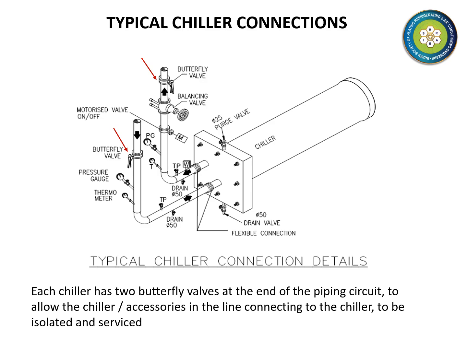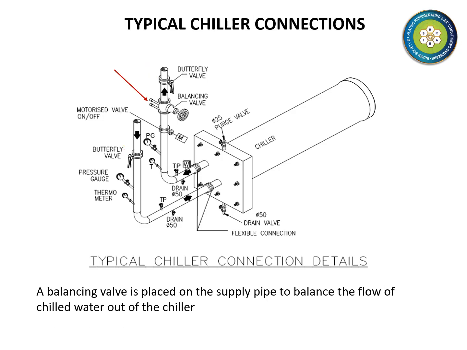Notice the 2 butterfly valves at the 2 ends of the chilled water chiller piping, which enable the chiller accessories in the line connecting to the chiller to be isolated and serviced. A balancing valve is placed on the supply side to ensure that the right amount of chilled water flows out of the chiller.